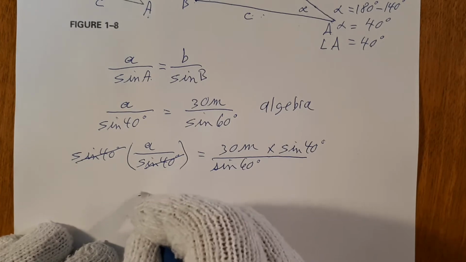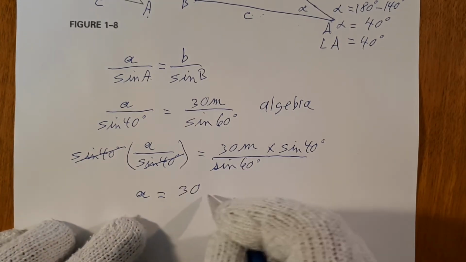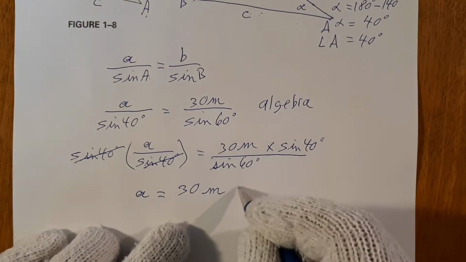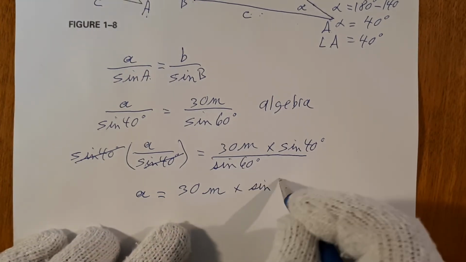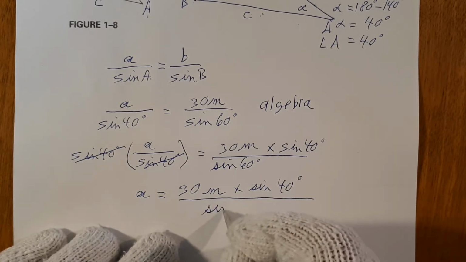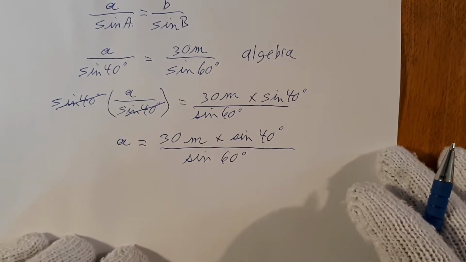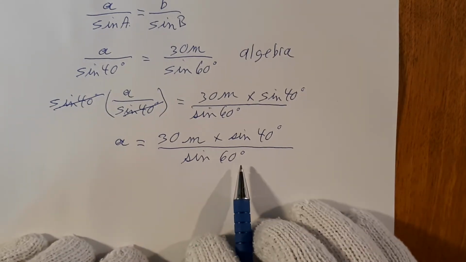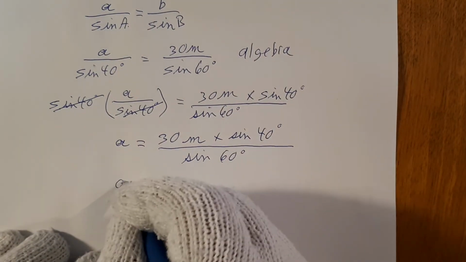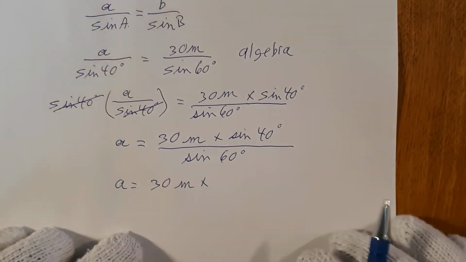And that leaves me with the length of side A is equal to 30 meters times sine of 40 degrees, everything divided by sine of 60 degrees. So let's do this one at a time. Length of side A is equal to 30 meters times, what is sine 40?